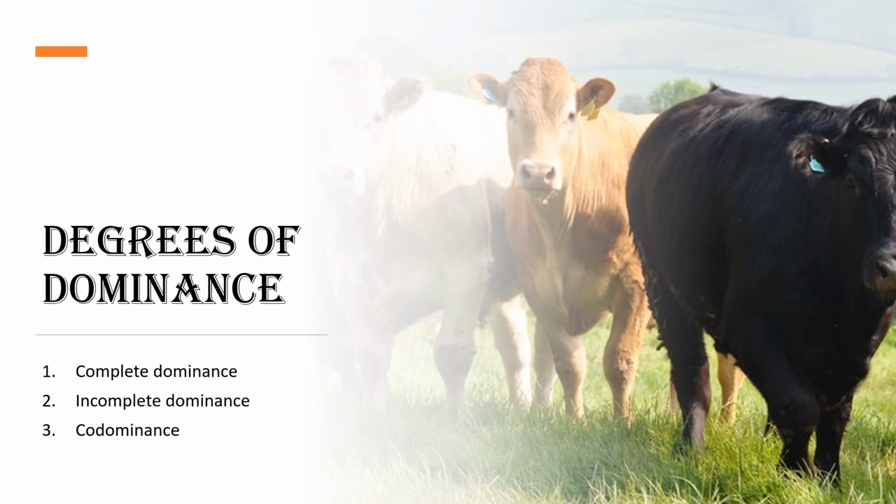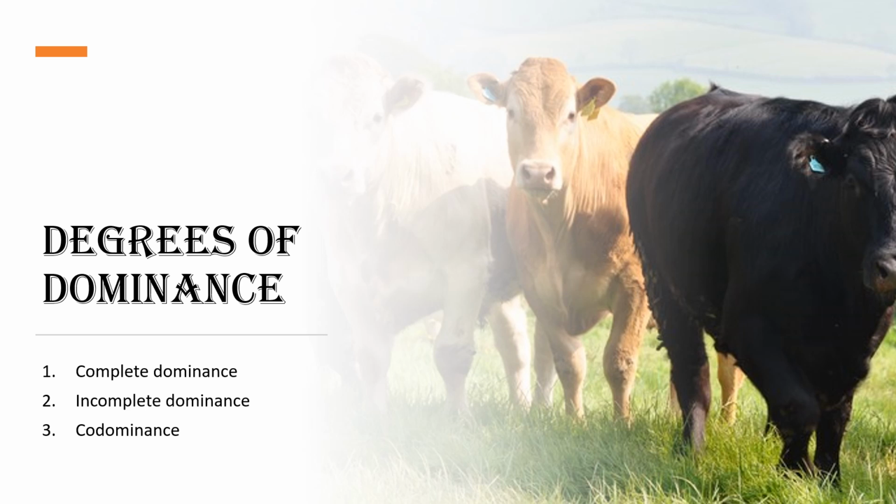That's codominance. So I call them degrees of dominance because I want to have a specific name for them, because generally in life science grade 12 genetics, they don't have a specific name for them. You just learn about them.